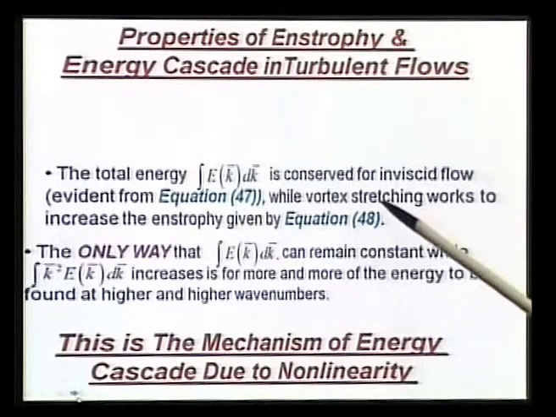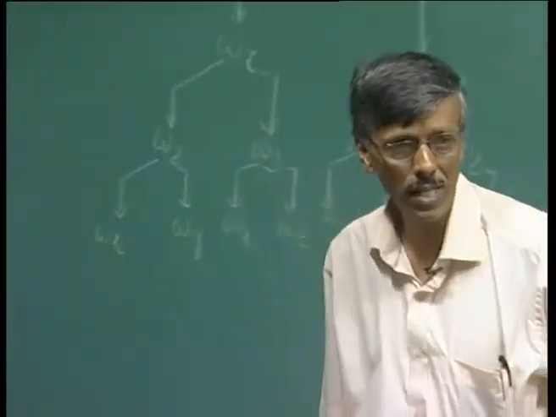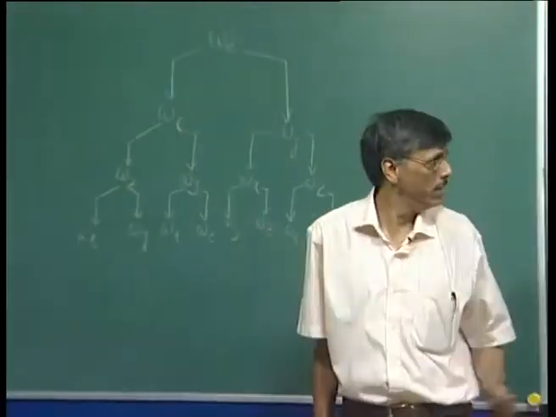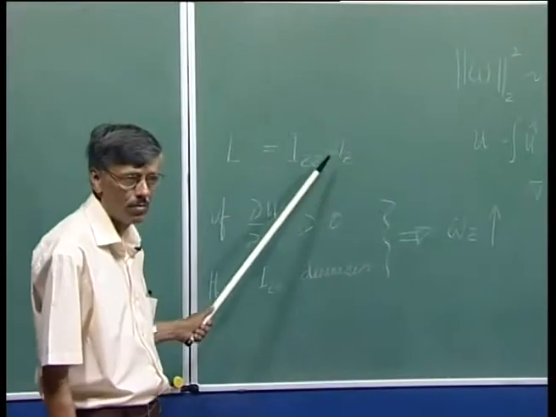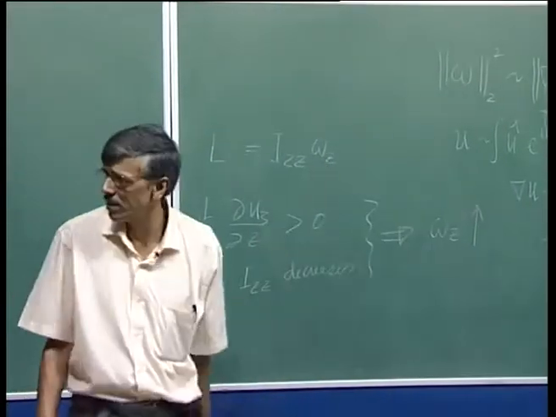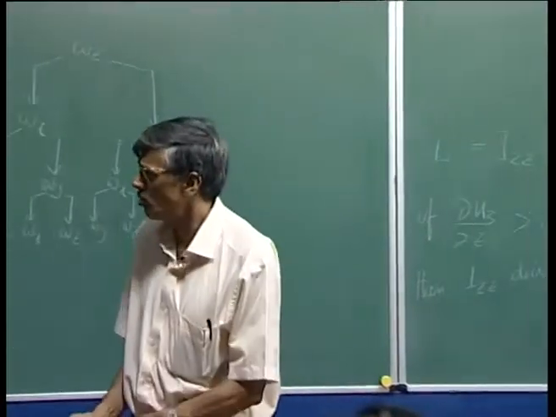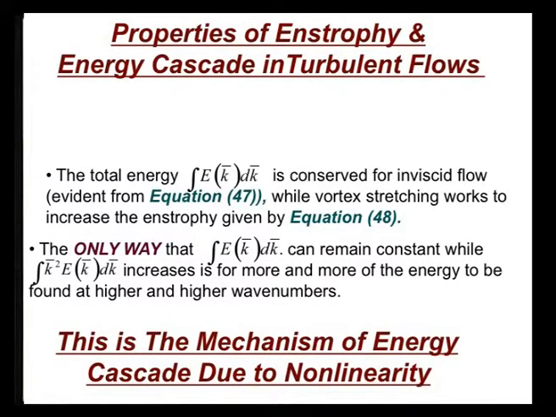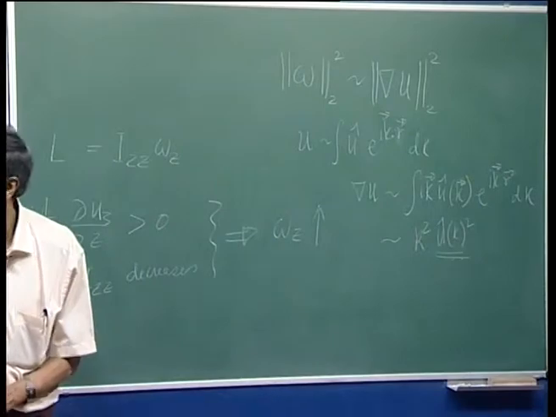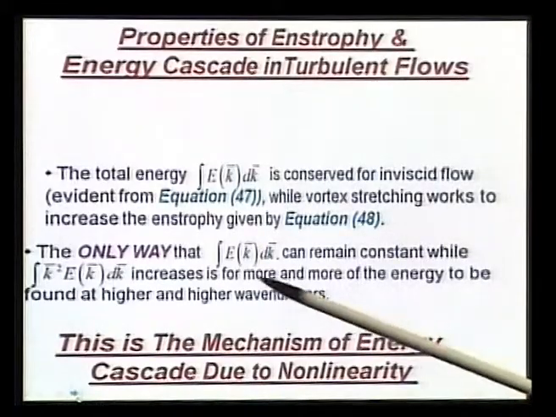What happens to the vortex stretching work? That we have seen increases the enstrophy, right. We saw that because of stretching, this will increase; enstrophy increases because of vortex stretching. So, if enstrophy increases, then what is happening? We have given an estimate of enstrophy as k squared E k.